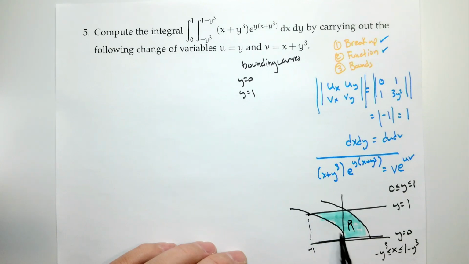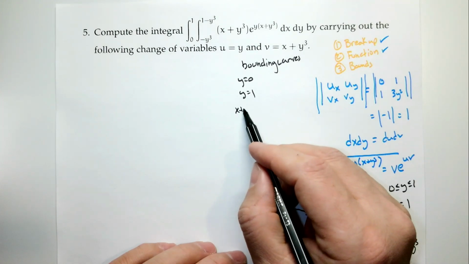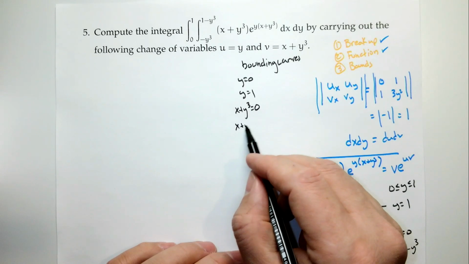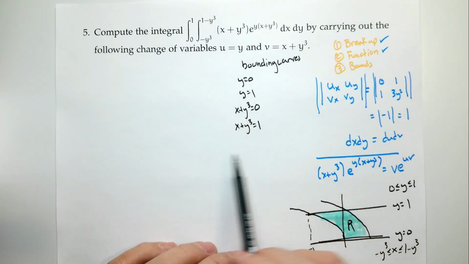Minus y cubed equals x. Now I'm going to rewrite it by moving the minus y cubed across. So that's x plus y cubed equals 0. x equals 1 minus y cubed. Again, I can move the y cubed across. x plus y cubed equals 1. So these are the bounding curves in terms of x and y.